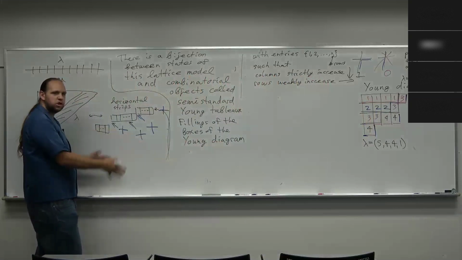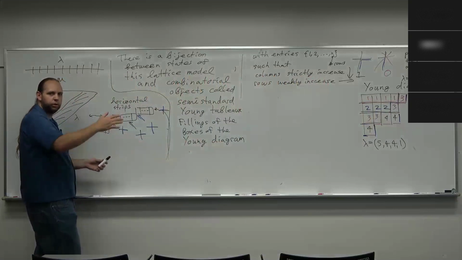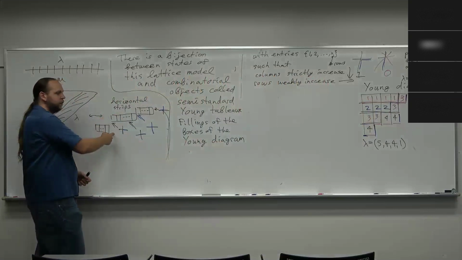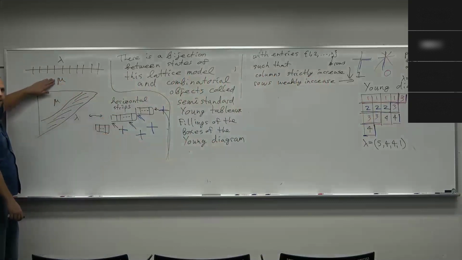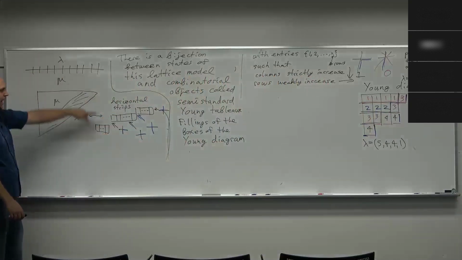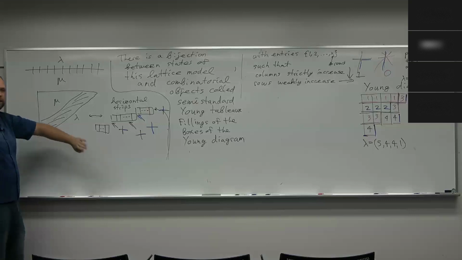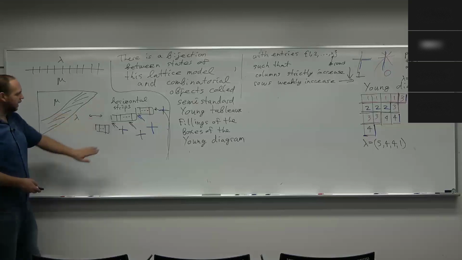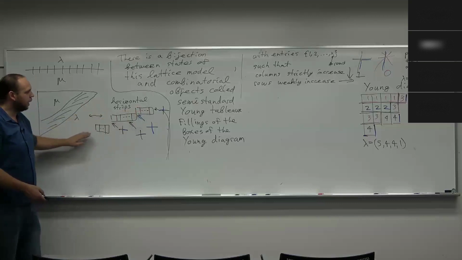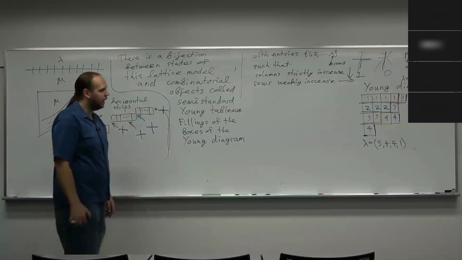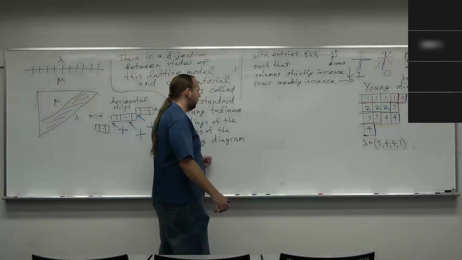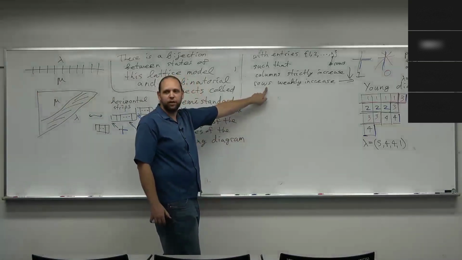You start with a shape mu, and you go to a shape lambda by adding a horizontal strip. That's the only thing you can do. And you fill in those boxes with the next step that you're doing.